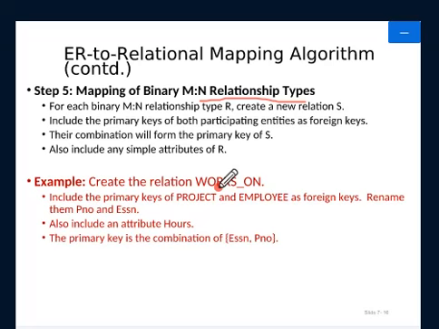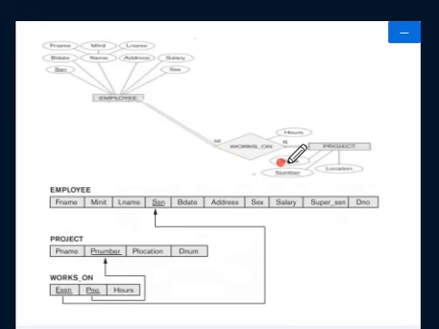Here, as you can see in the diagram, there is a works on relationship with the cardinality ratio M:N, and it has hours. So how can I represent this relationship type with cardinality ratio M:N?